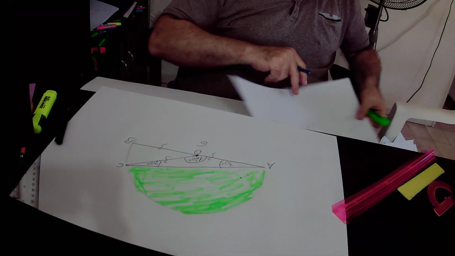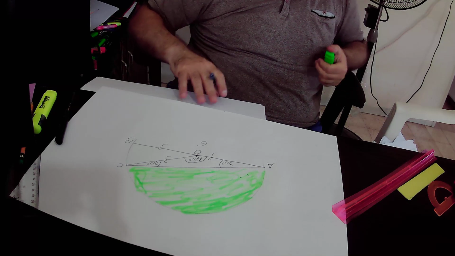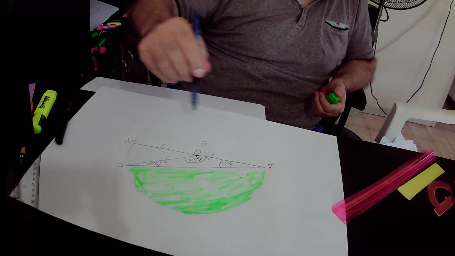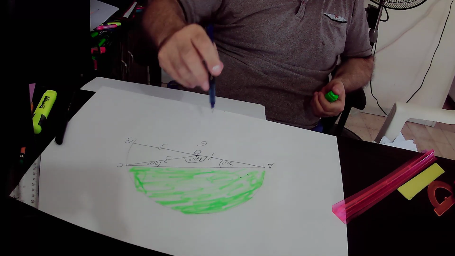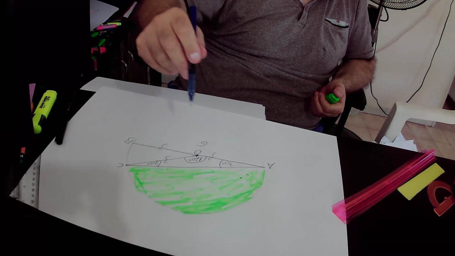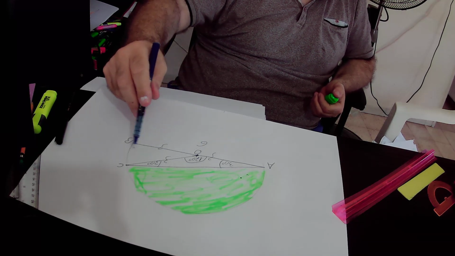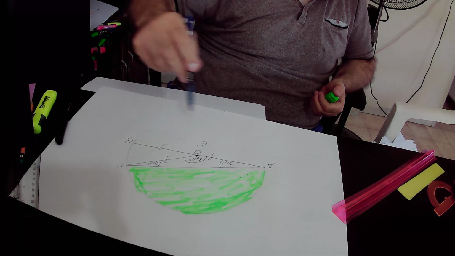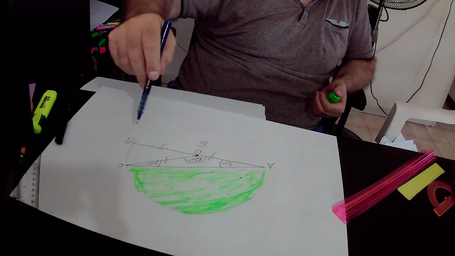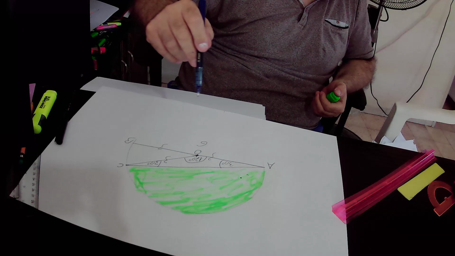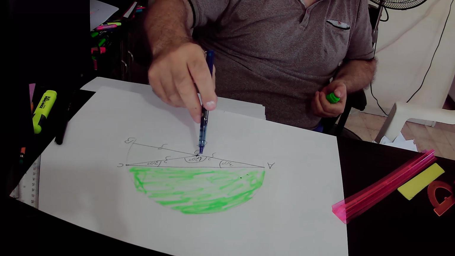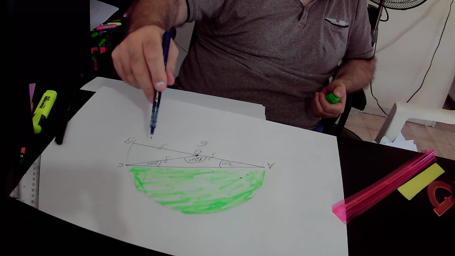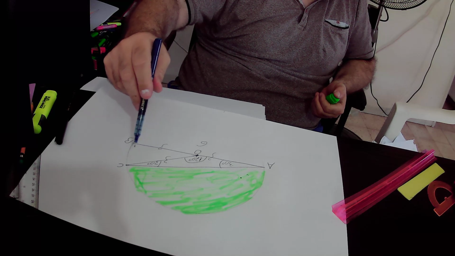The area of this green shape is actually equal to the area of the semicircle minus the area of triangle AOC minus the area of sector COB.